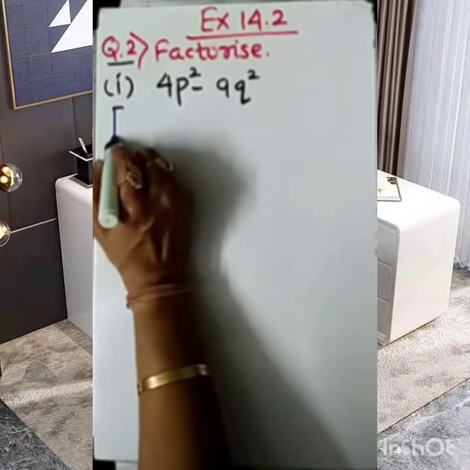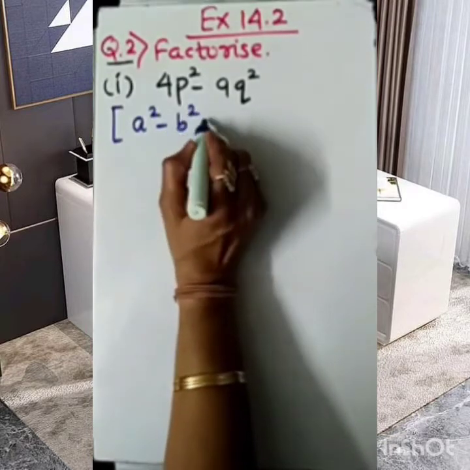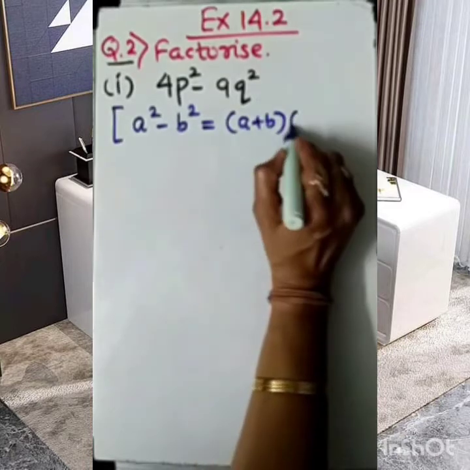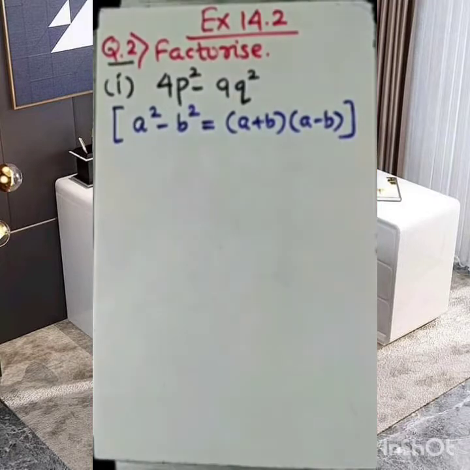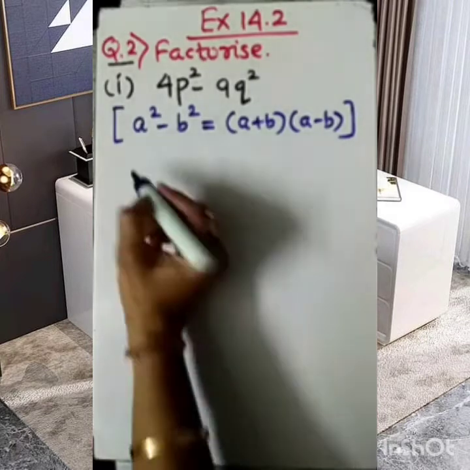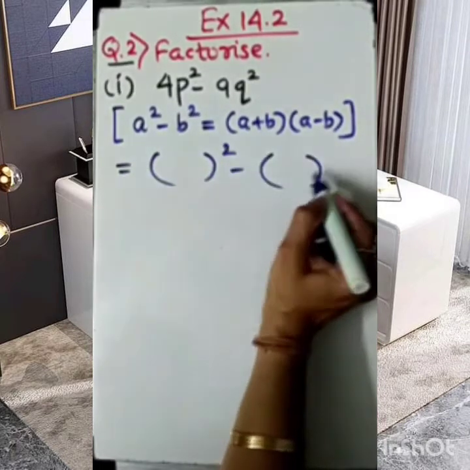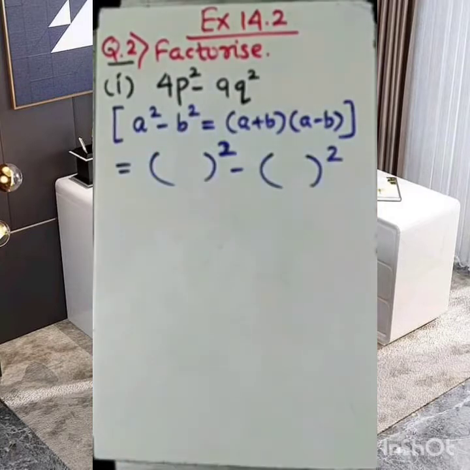So the third identity says a square minus b square is equal to a plus b and a minus b. This identity we are going to use for this question. So as we know, a square minus b square. What is a here?